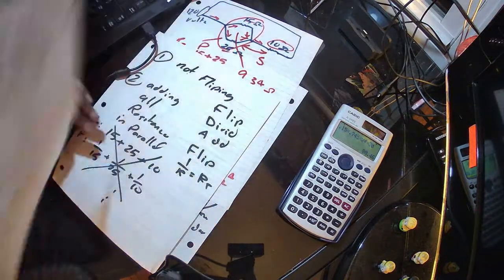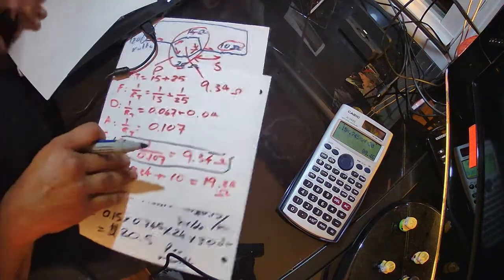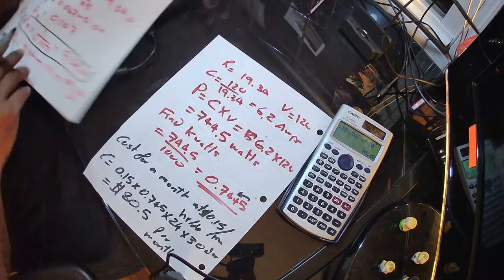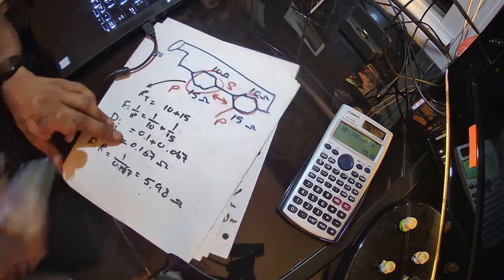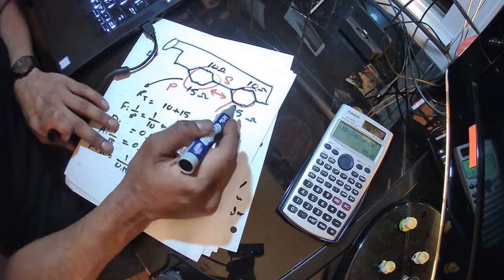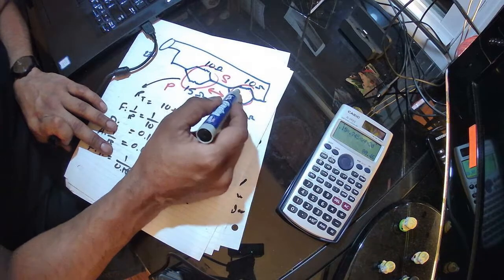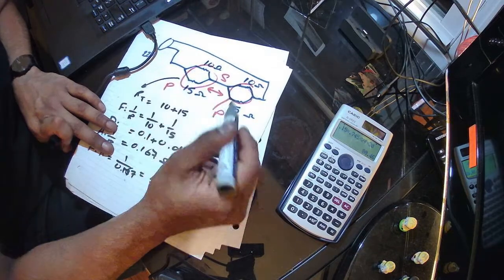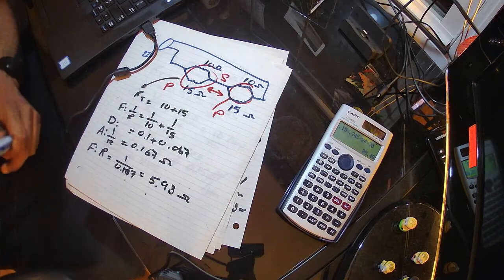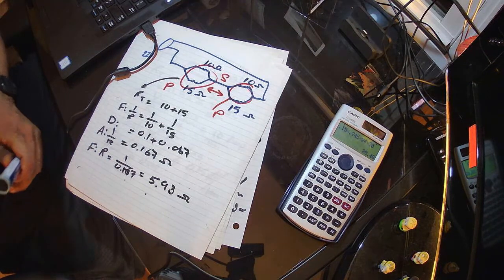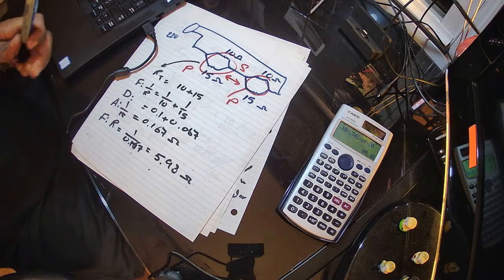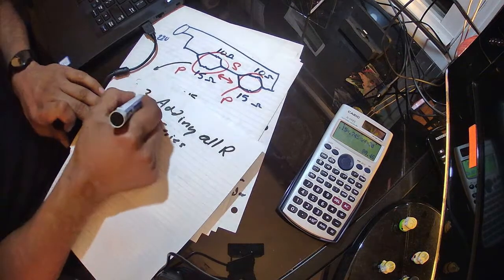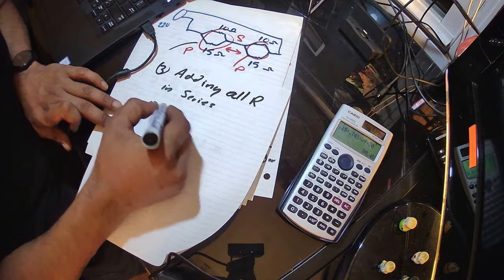The other mistake I usually see in this type of problem: they see those 2 in parallel and they add all 4 resistances in parallel, and that is going to be wrong because these 2 are in series with each other. So that's mistake number 3. So let's please not do that. Number 3: adding all resistances in series or in parallel.